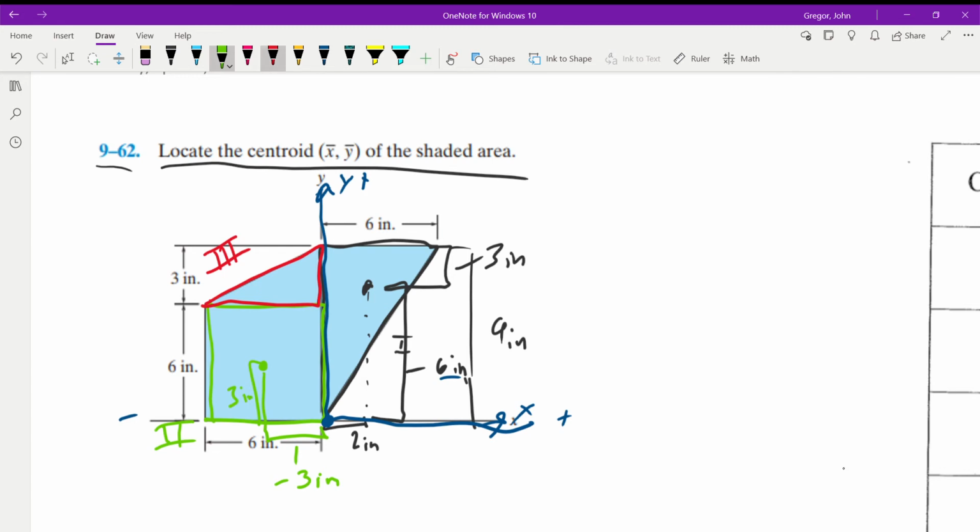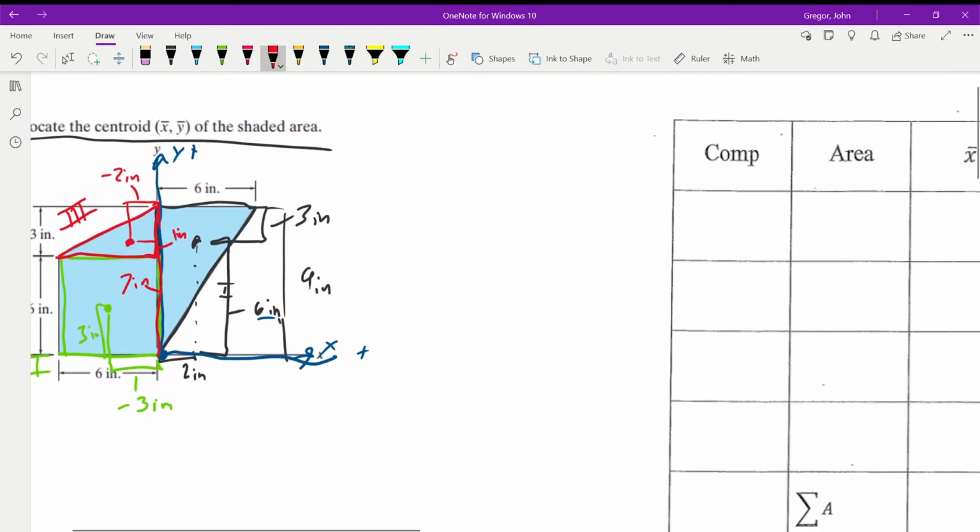For my third component, the centroid is somewhere here, and it's 1/3 of the height going this way, because you always measure from the fat end, which is 1 inch for this part. So it's really 7 inches in total. For the x component, it's 1/3 of the 6, so it's 2 inches, but negative 2 inches.